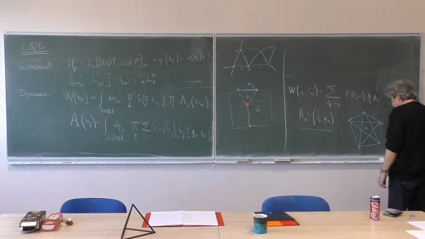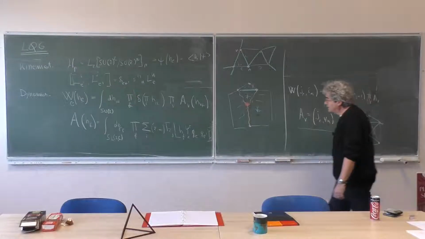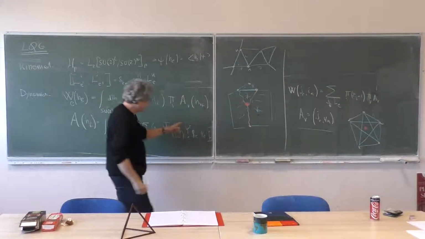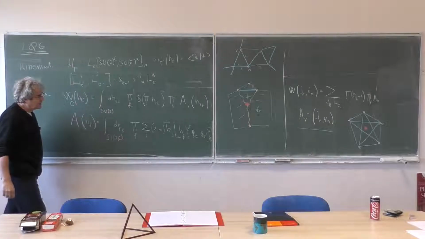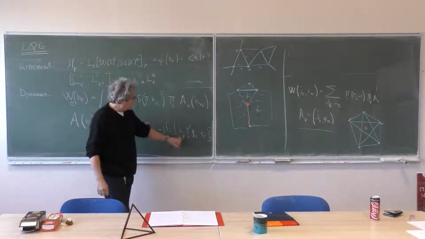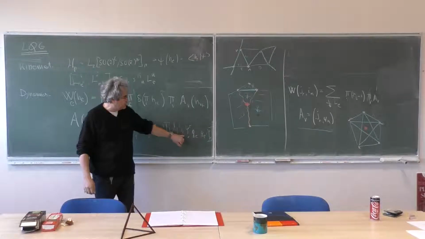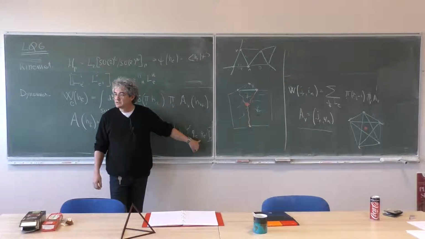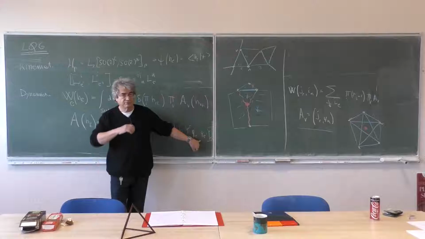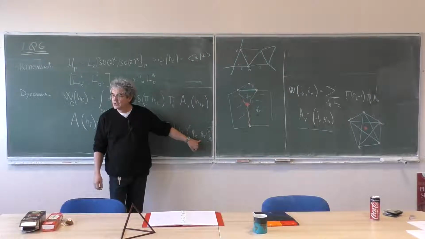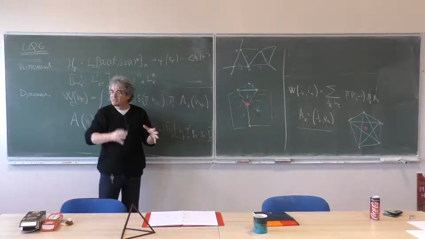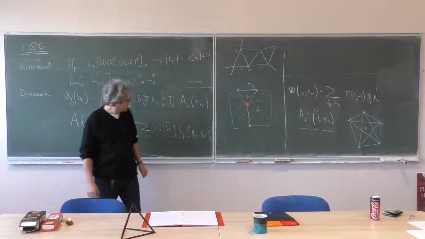You can think that this Y map that I gave explicitly is a way to map. You can use it as a way of mapping a function of SU2 to a function of SL2C.